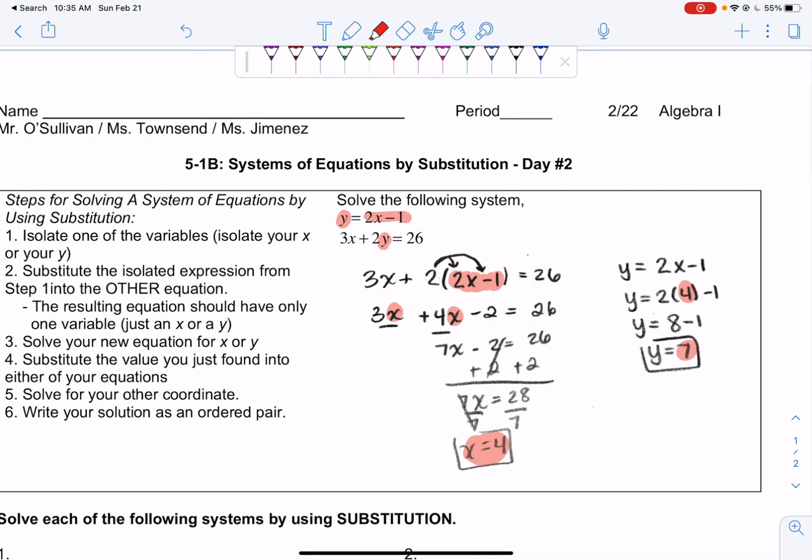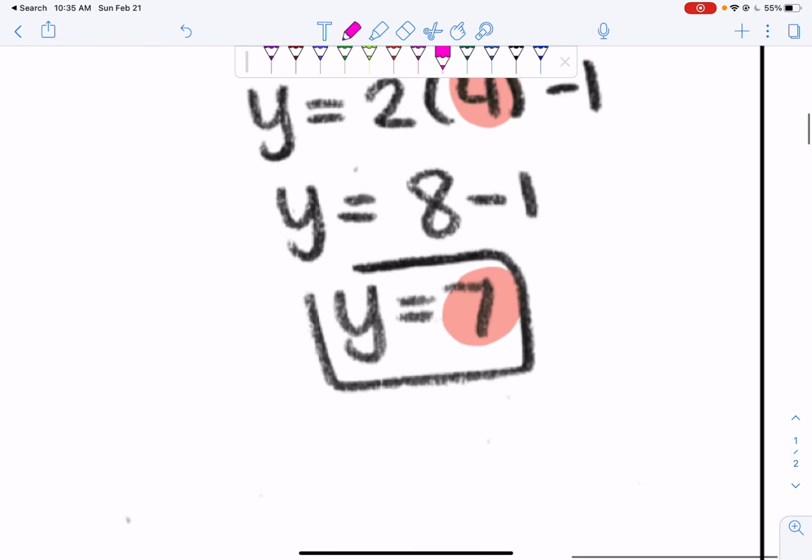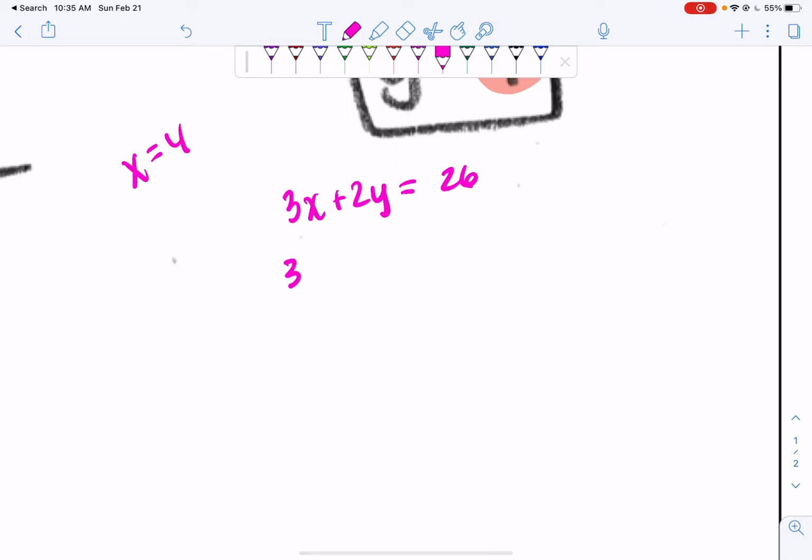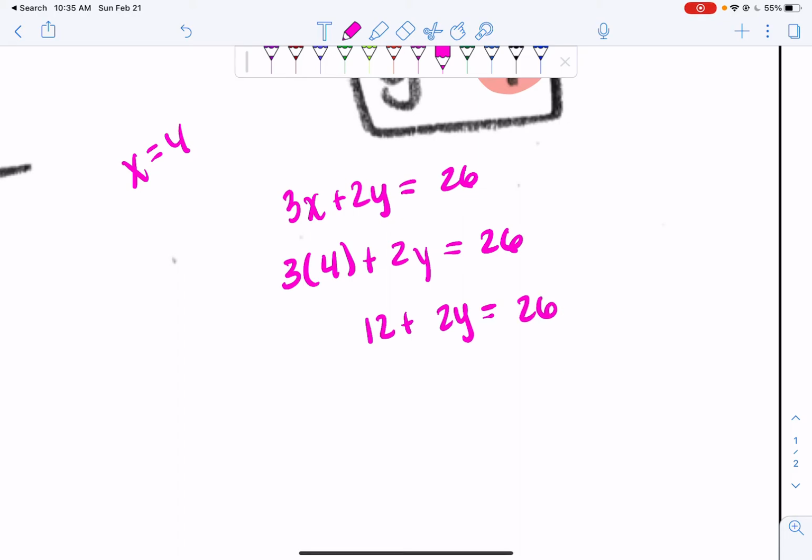I'll show you. If I know x is 4, and I have 3x plus 2y equals 26, everywhere I see an x, I plug in 4. So I get 3 times 4 plus 2y equals 26. 3 times 4 is 12, so I get 12 plus 2y equals 26.